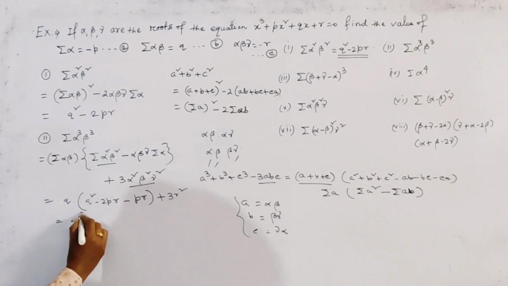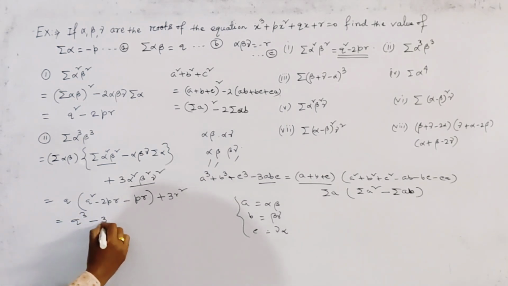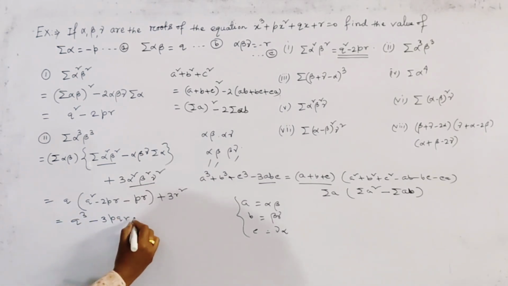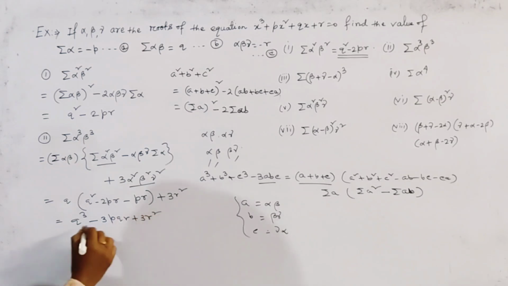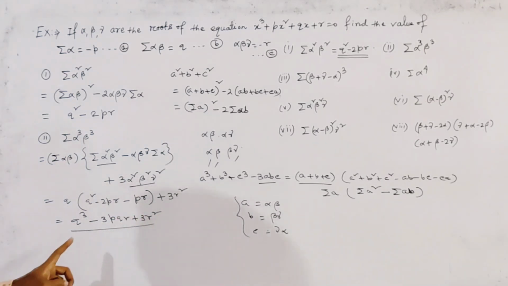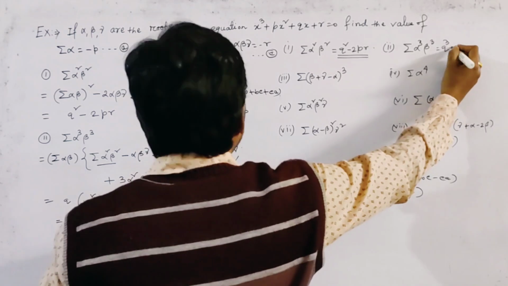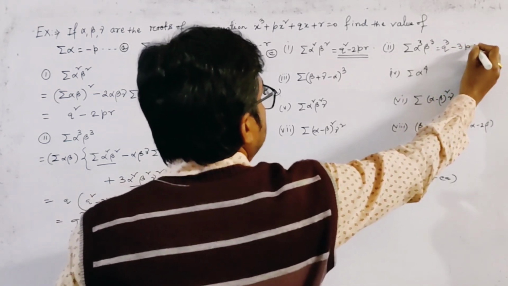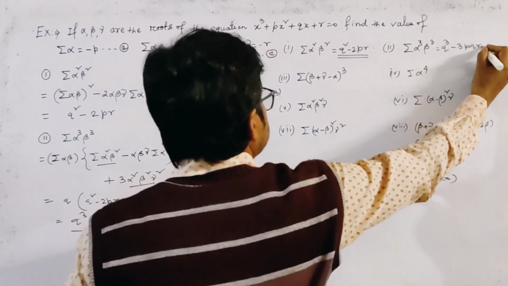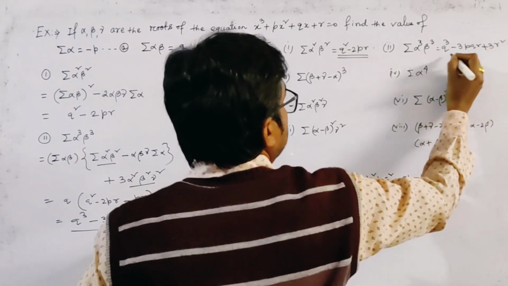So we get q cube minus 3pqr plus 3r square. This is the second result.